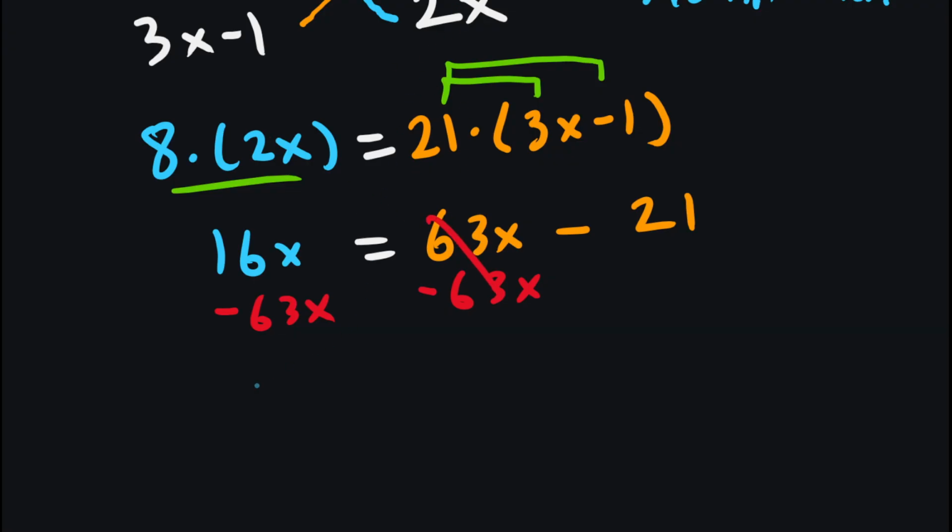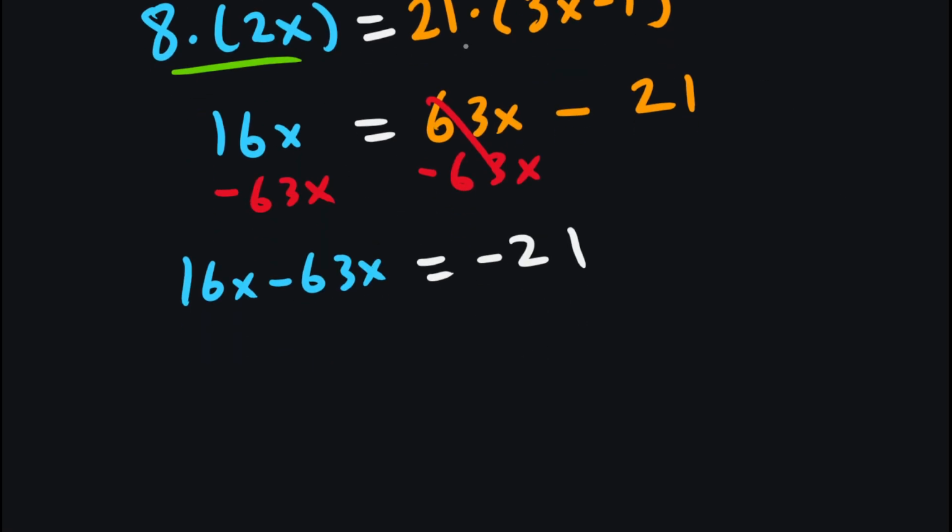What is 16x minus 63x? That is negative 47x. So negative 47x equals negative 21.